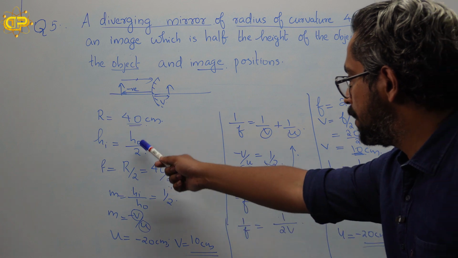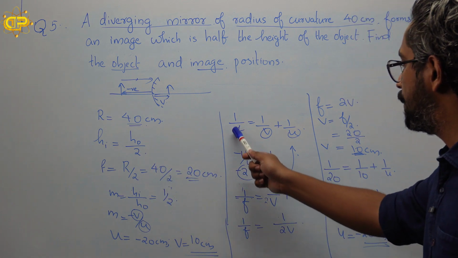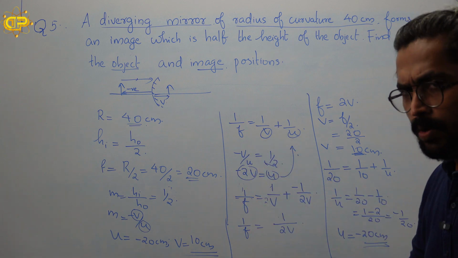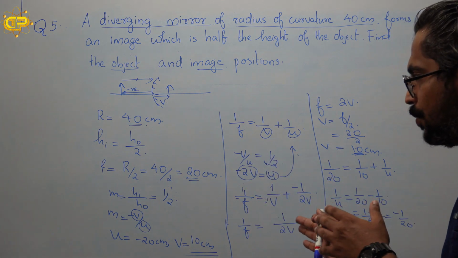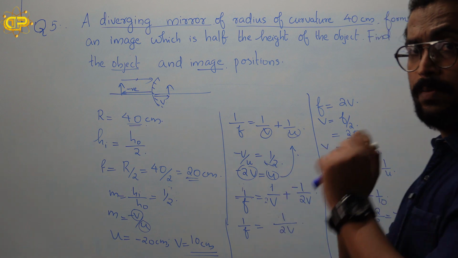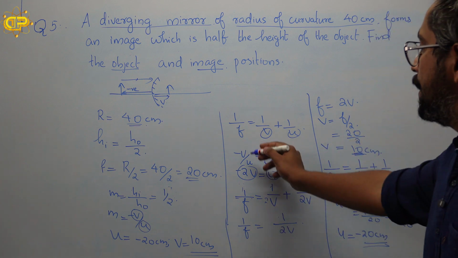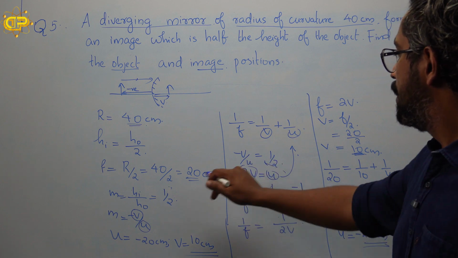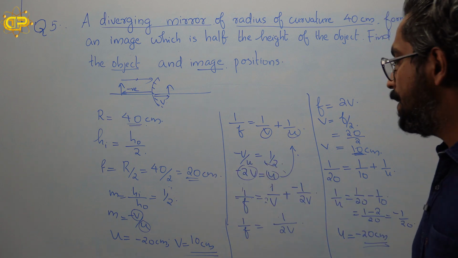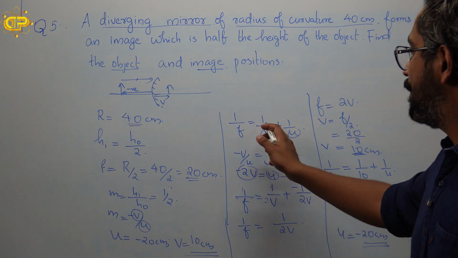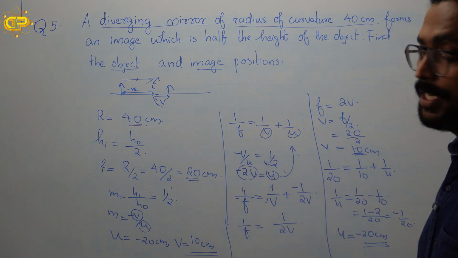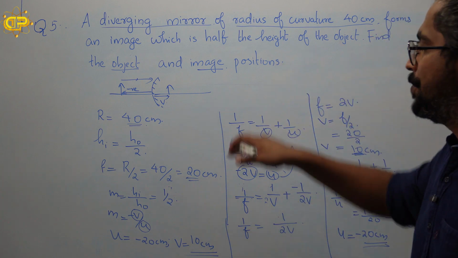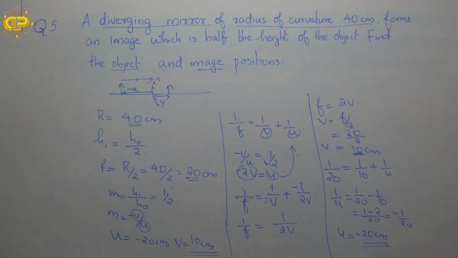Here, 20 centimeter is F, then 1 by F is equal to 1 by V plus 1 by U. You already know that magnification is equal to 1 by 2, and magnification has one more equation, that is minus V by U is equal to half. From there you find the relation U is equal to minus 2V. Again you substitute, putting minus 2V instead of U, get the value of V first, and then substitute again to get the U value.